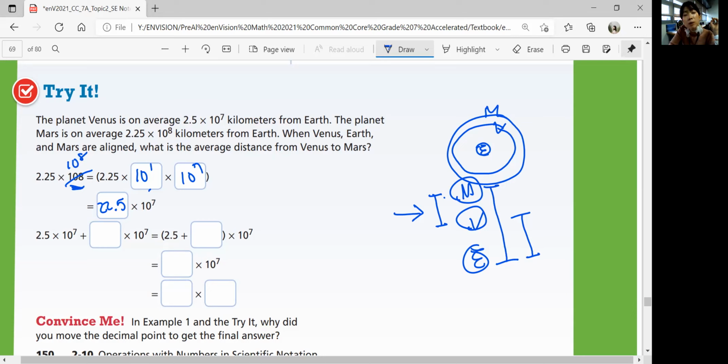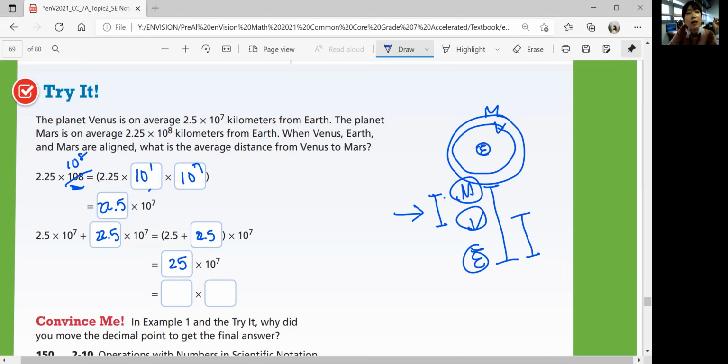Okay? 2.5 times 10 to the 7th power plus 22.5 times 10 to the 7th power would be 2.5 plus 22.5 times 10 to the 7th power, okay, which is 25.